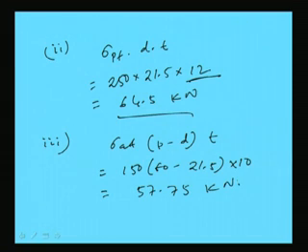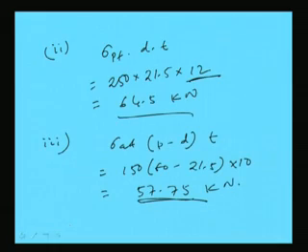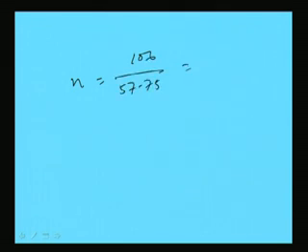Here the least value out of these three is 57.75 kilonewton; one is 58, another is 64.5. So, the number of rivets required will be 106 by 57.75, which is 1.8, that means 2 rivets will be required.